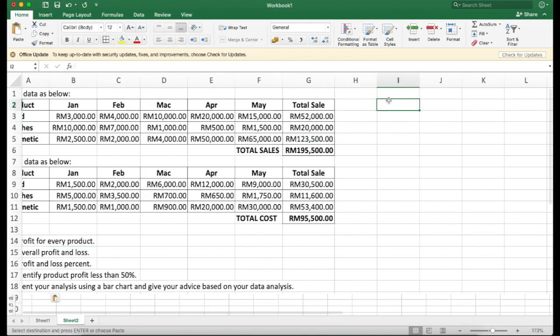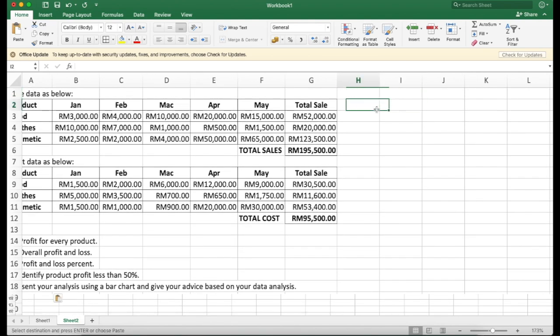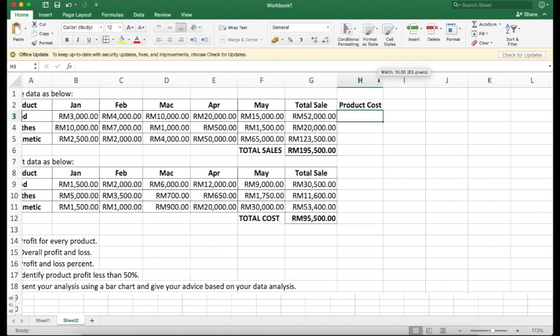Okay, so now we create the other table. Okay, so now cost, product cost. So product cost, from here we copy here.